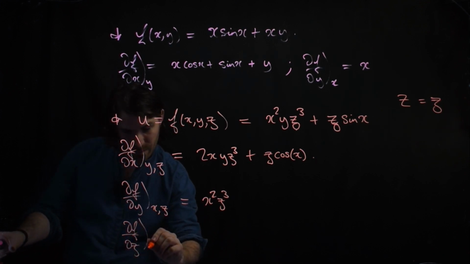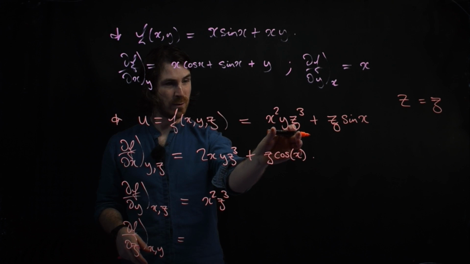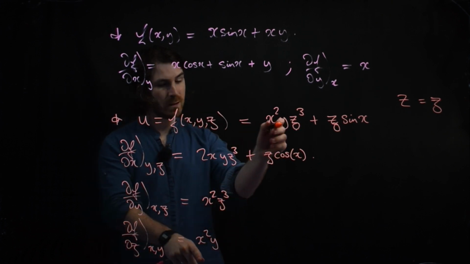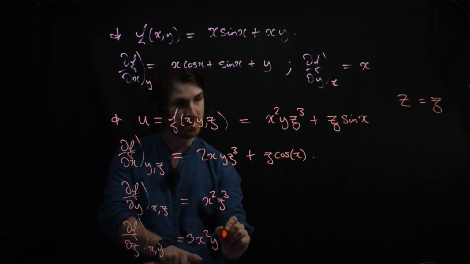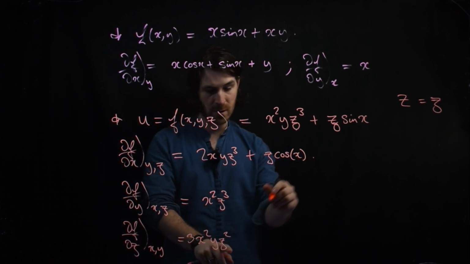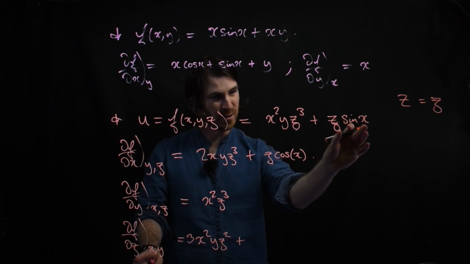Okay, so that's us. And then we have finally df by dz. And this means we keep x and y constant now. Okay, so x and y are constant, so we keep the x squared y term. And now we differentiate with respect to z, so we get 3z squared. Okay, and then we differentiate the second term with respect to z, holding x and y constant.